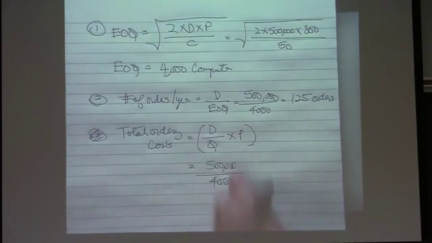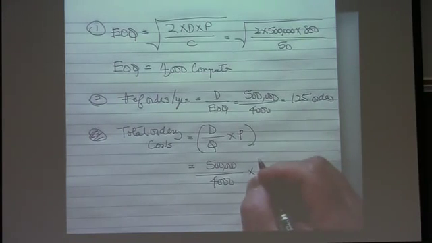So basically it's asking us how many times we need to order. That's 125 times the order cost of $800.